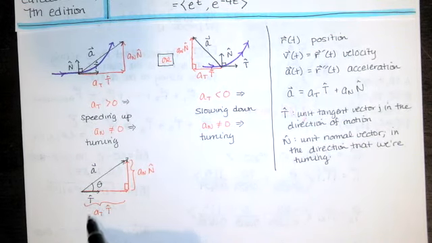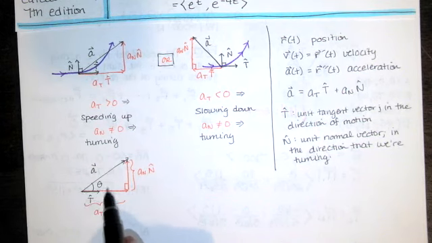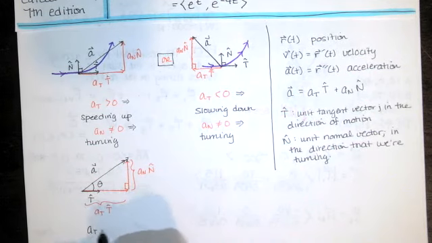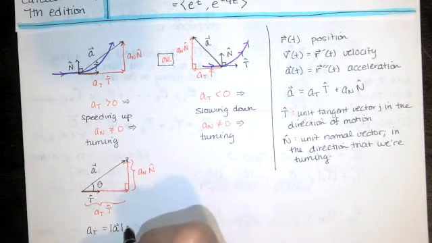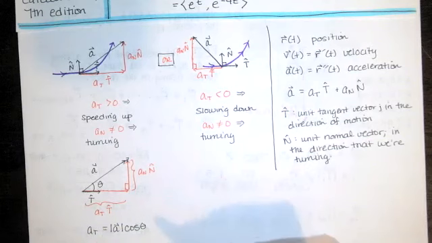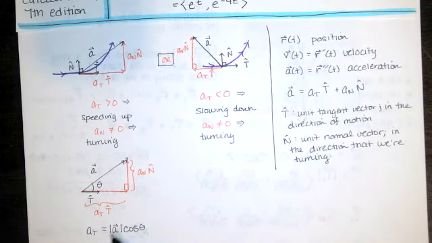Well, since a sub t is the length of the adjacent side of this triangle relative to this angle theta, it can be given by the magnitude of our acceleration vector, that's the magnitude of the hypotenuse, times the cosine of theta. Now we don't generally know what theta is, but this looks an awful lot like our dot product formula.